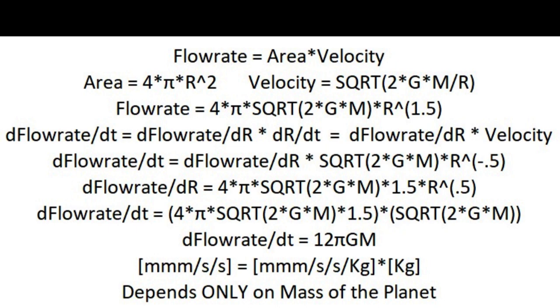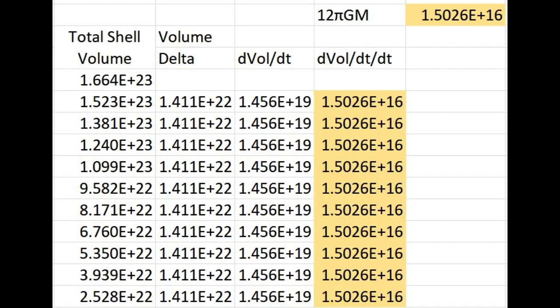So study it if you want. Otherwise, just remember that this change in flow rate has been found to be a constant that depends only on the mass of the planet. And for Earth, 12 pi GM is 1.5026 times 10 to the 16th cubic meters per second.